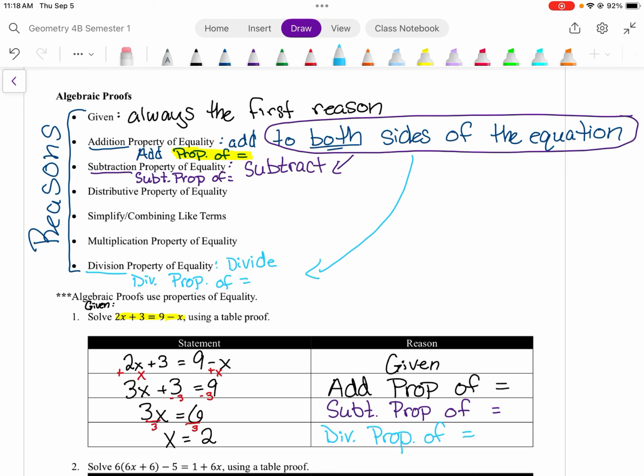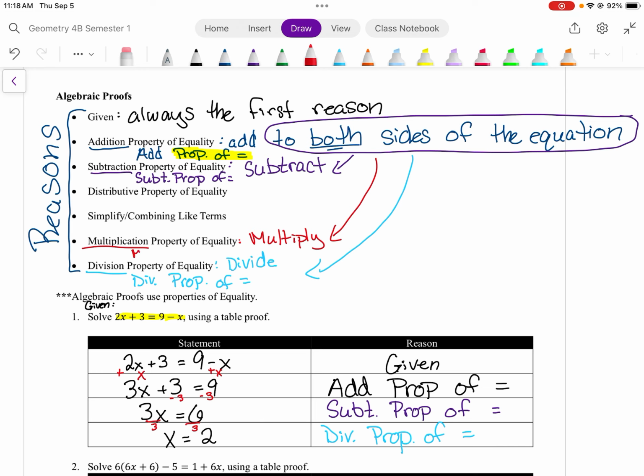And you'll notice we did not use all of the properties yet. Our next example will cover a couple more of them. Following the pattern of what we have seen with the different properties so far, multiplication property of equality is when you are going to multiply both sides of the equation to solve for your setup.